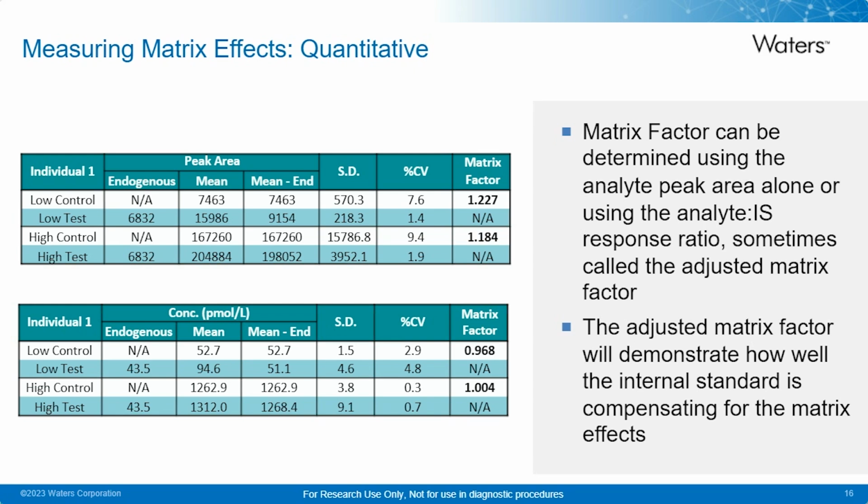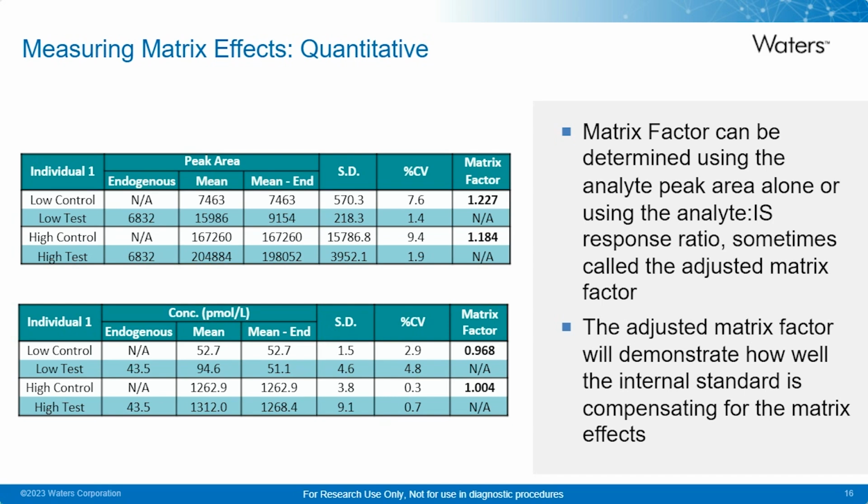However, what is also important to note is that this isn't necessarily a problem if the internal standard is affected in the same way. So therefore, it's also important to repeat the calculations, but taking into account the analyte to internal standard ratios.